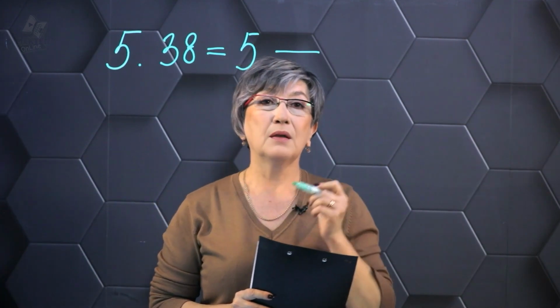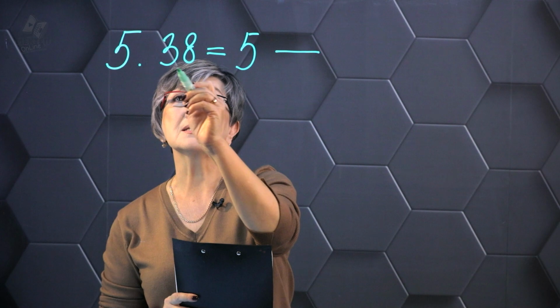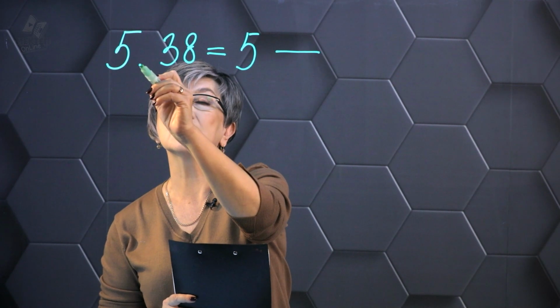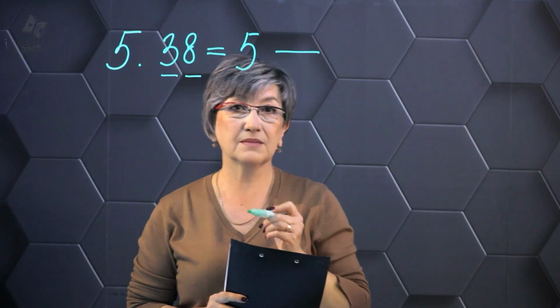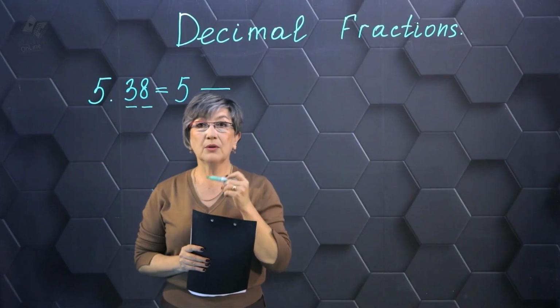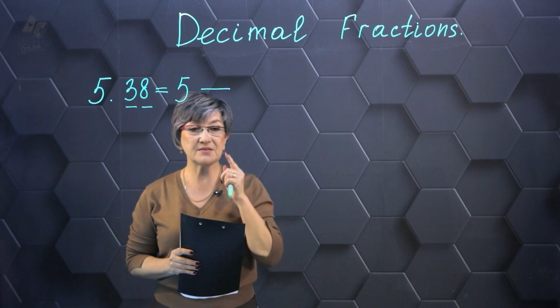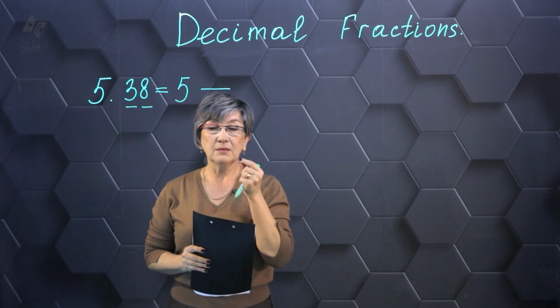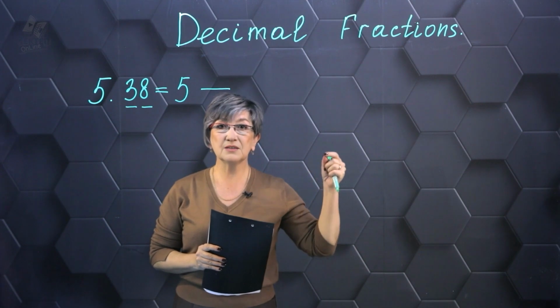Next, we pay attention to how many digits come after our point. So that's 2 digits. What do they tell us? Well, in the denominator I always write only 10, 100, 1,000, 10,000, a million, and so on.